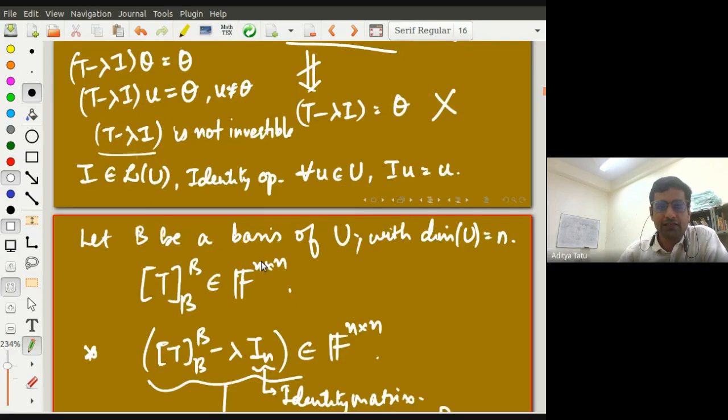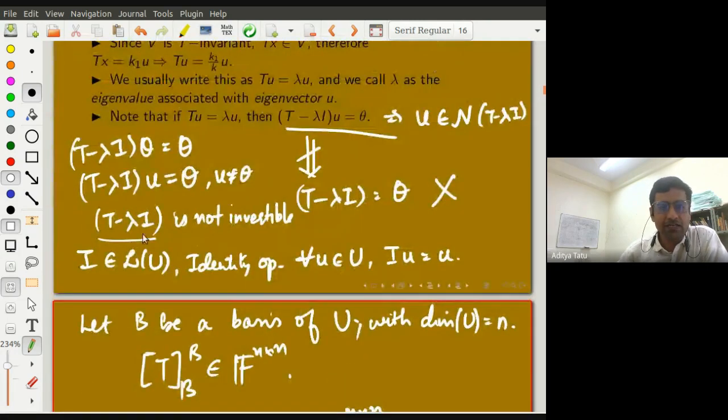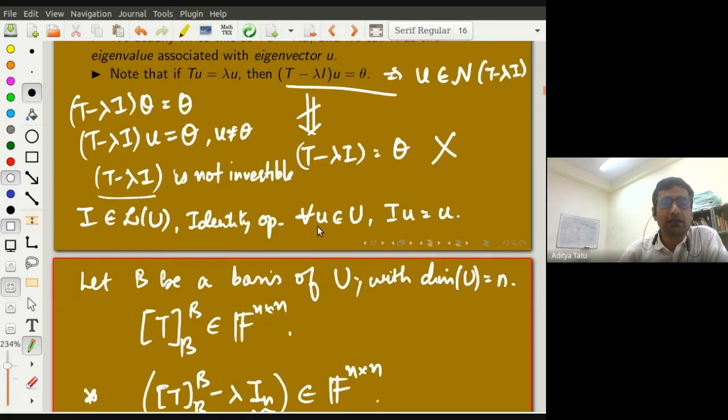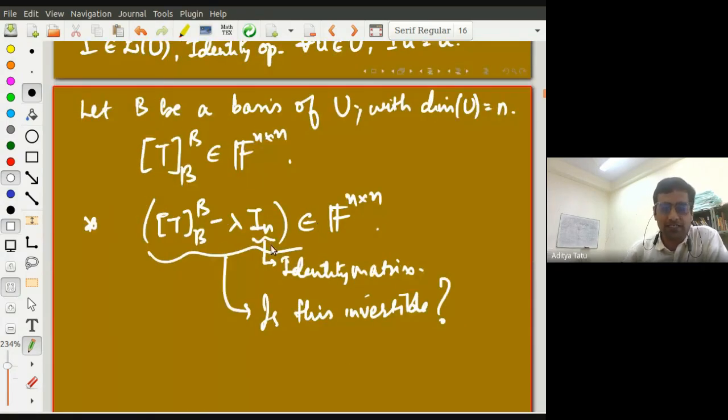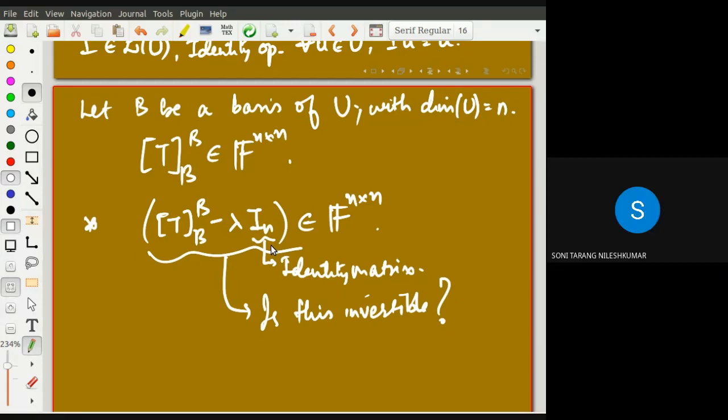See, let us say T minus lambda I is not invertible, right? So lambda is such a value so that the linear operator T minus lambda I is not invertible. Then what can we say about this matrix? So this is also not invertible because it is just a representation of that linear operator.